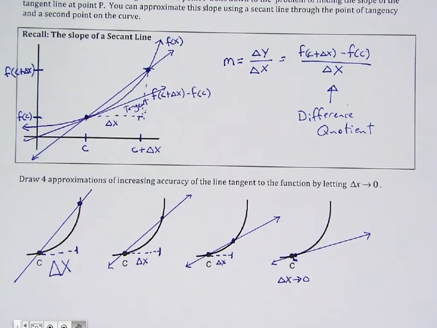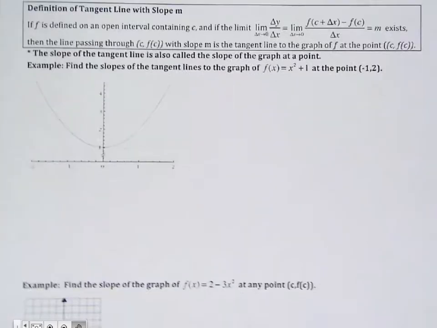Okay, so let's talk about the definition now of a tangent line with a certain slope.